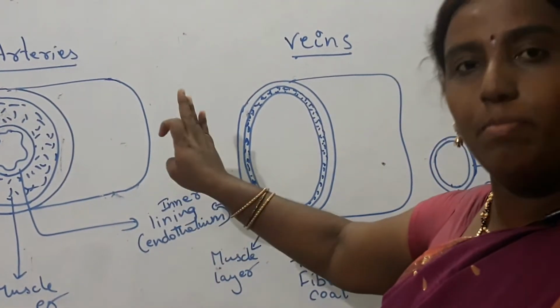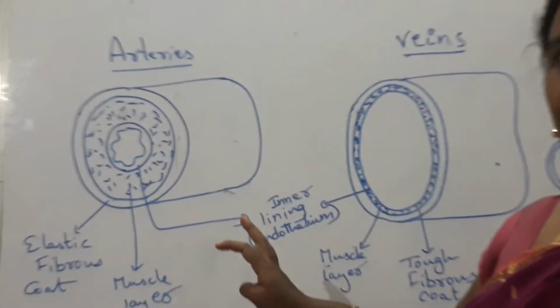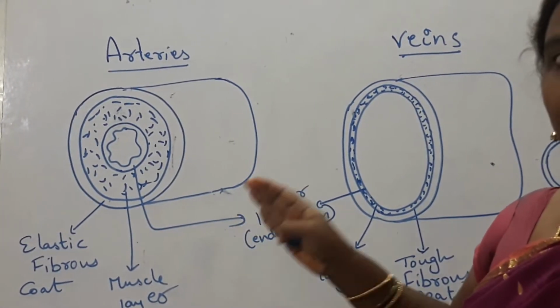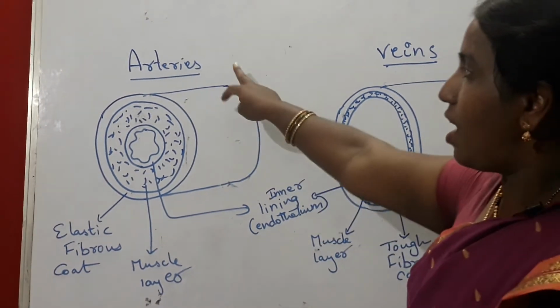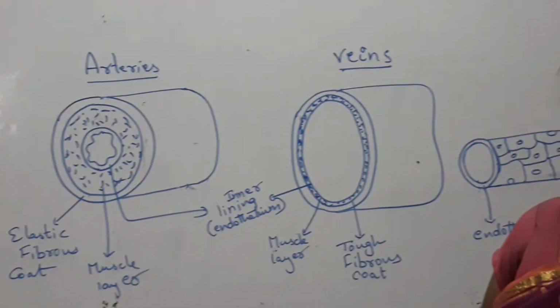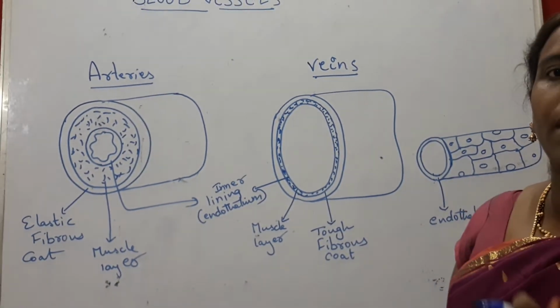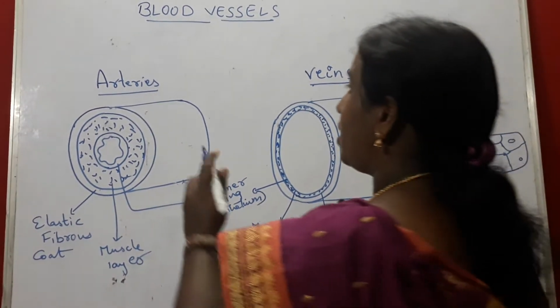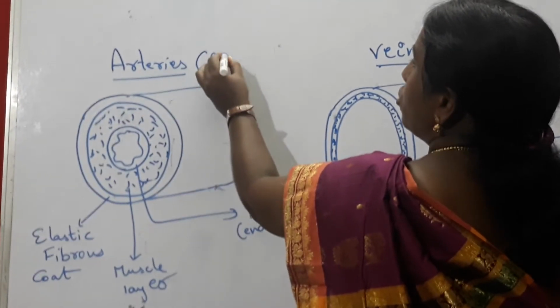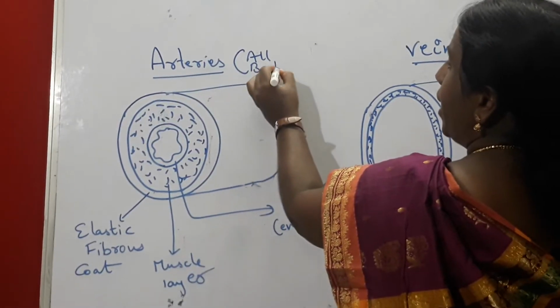Arteries are the blood vessels which pump the blood away from the heart. Arteries always pump the blood away from the heart. It means arteries pump the blood to all body parts.